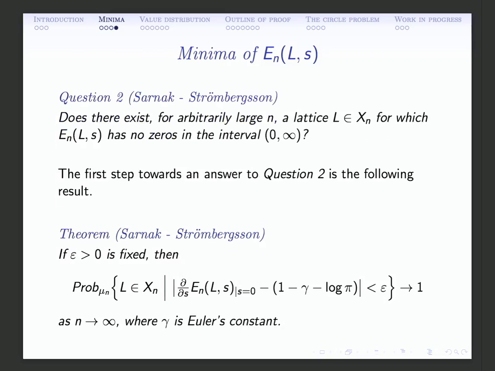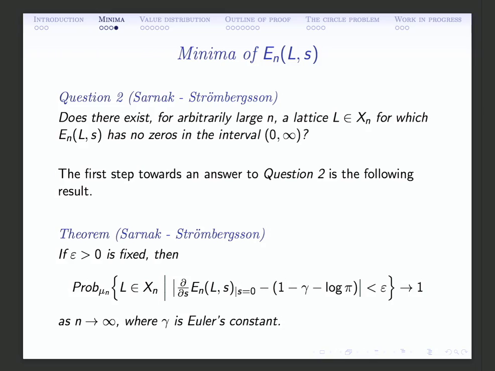Okay, so on this board here is still the question number 2 about zeros. And what Sarnak and Strömbergsson proved as a first step towards answering this question was that if you studied the derivative of the Epstein zeta function at 0, so there you cannot use this form, you have to use the analytic continuation and this expression you get from that, and then you take the derivative, then it accumulates at a particular value, 1 minus gamma minus log pi.